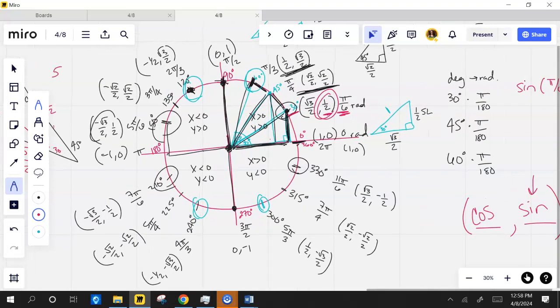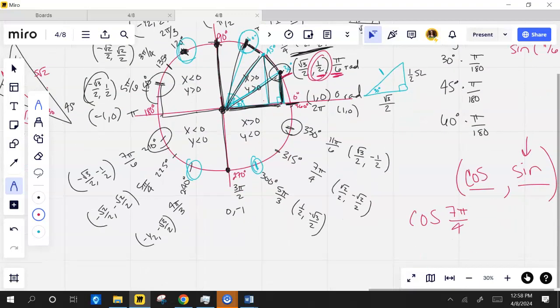This is a way to find these values quick. So if I ask you, what is the cosine of 7 pi over 4, what would you tell me? Use your calculator. Yes, that's right, Abby. Positive this time. Cosine's your first one. Okay, so I always remember it because x and y, x comes before y, c comes before s. This is 7 pi over 4, so for the cosine, I would take the x value.